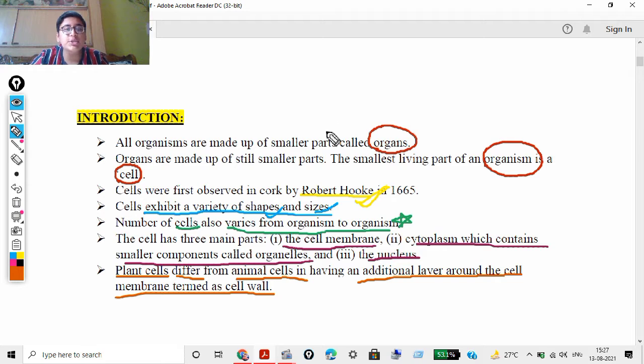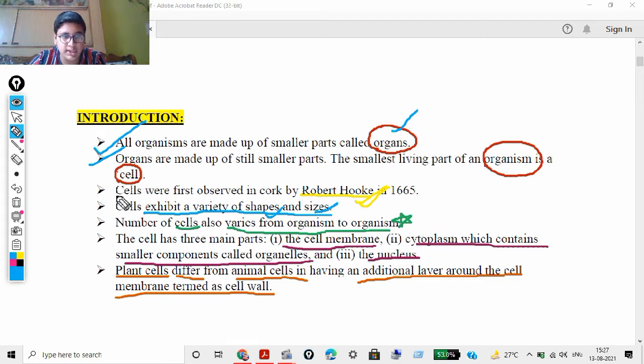So now we have taken the first point, that was: all organisms are made up of smaller parts that is known as organs. Important thing, organs are made up of still smaller parts. The smallest living part of an organism is called cell. I will say the smallest unit of life is cell.